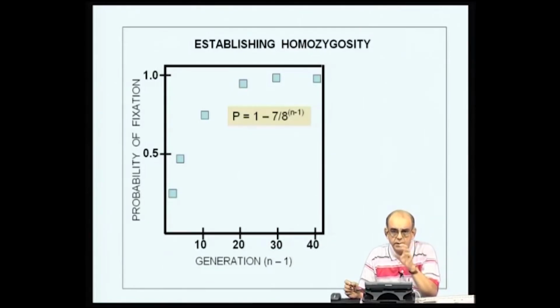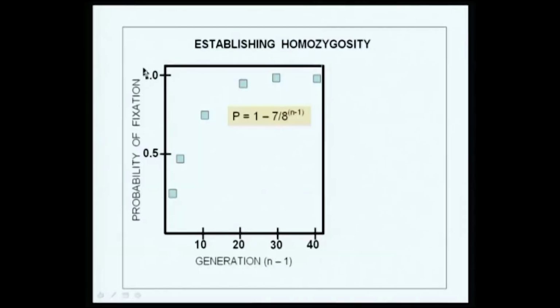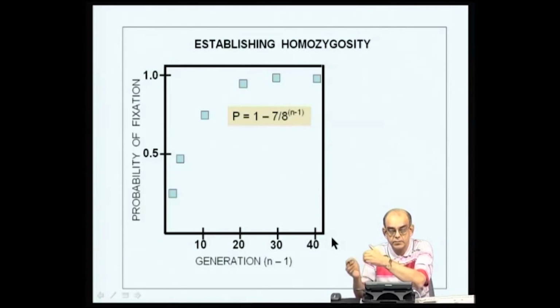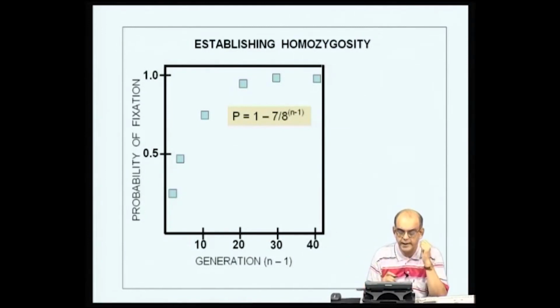If you did this brother sister mating, they found, according to statistical principle, the probability of fixation, which is put on the y axis, and the number of generations, that means the number of times these pairs were bred, brother sisters were bred.